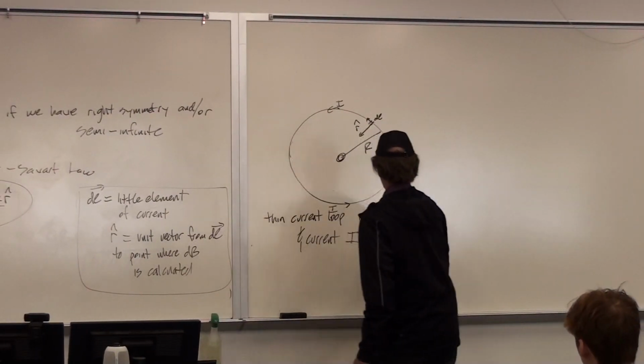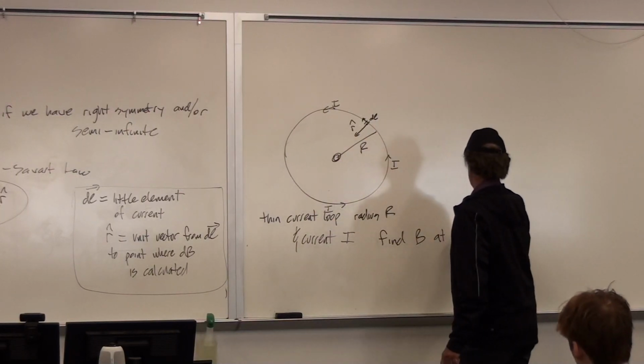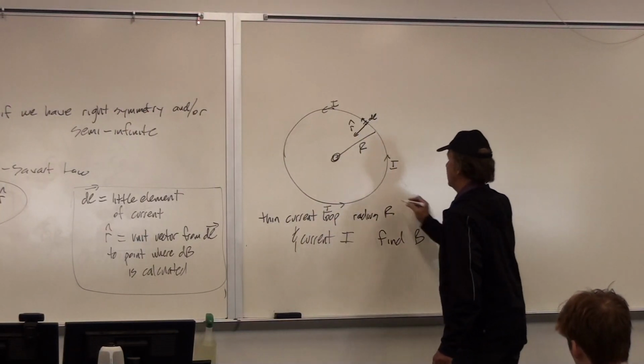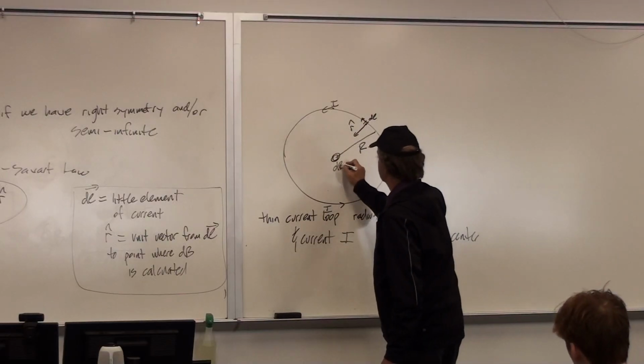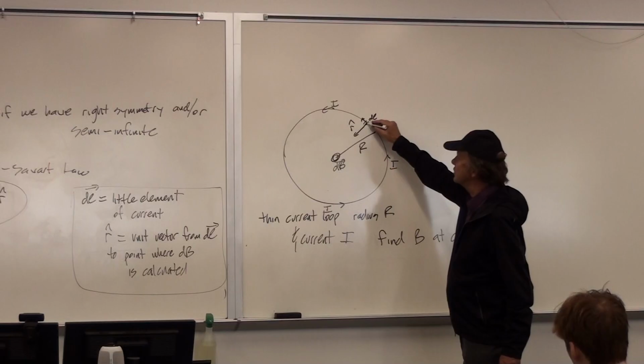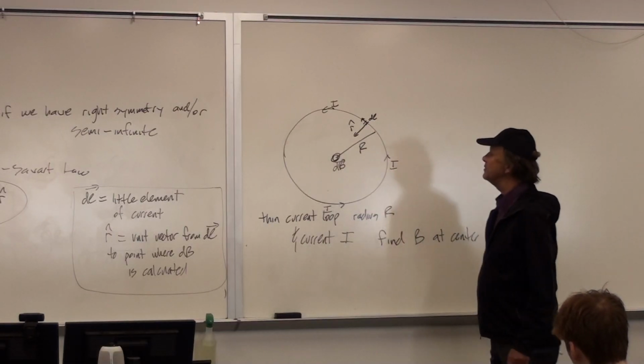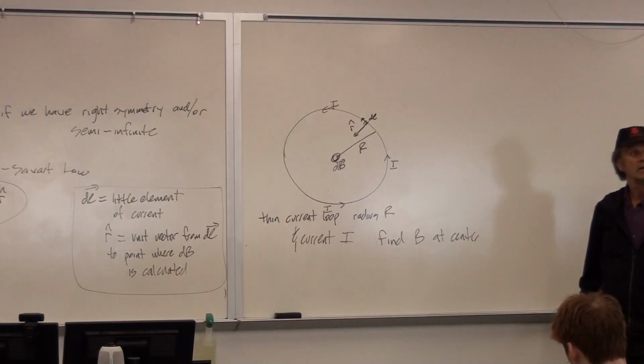So let's say we want to find the magnetic field at the center. So this is where my little dB is going to be, in the center. So I'm looking at how much current here affects and produces the magnetic field there.